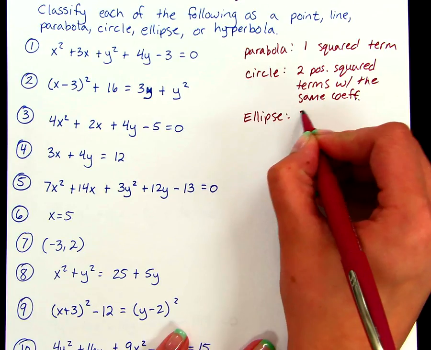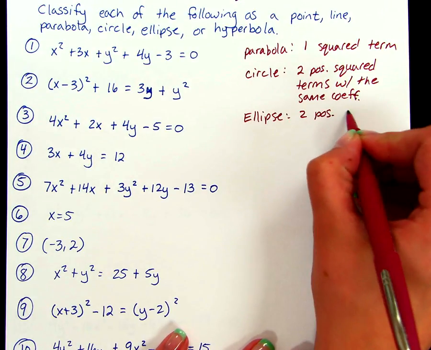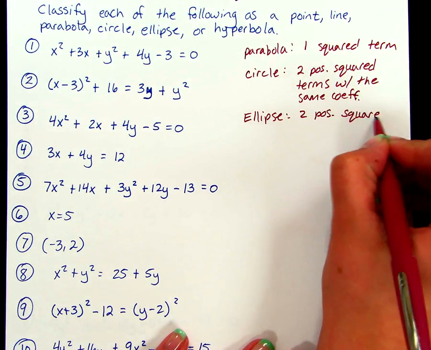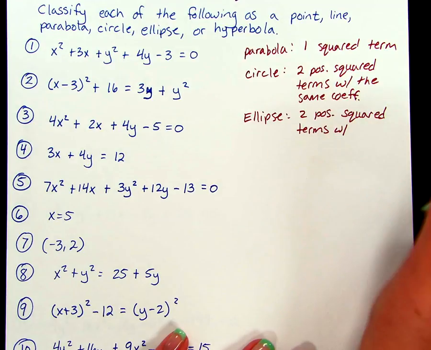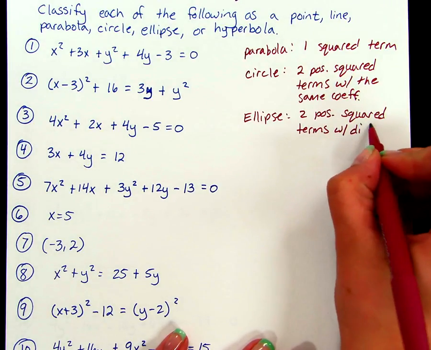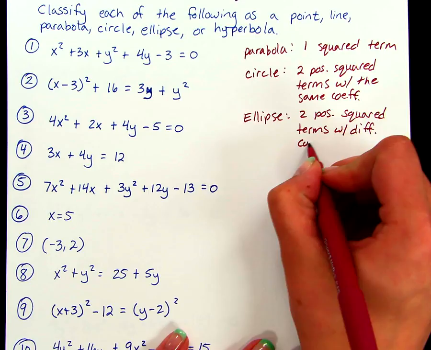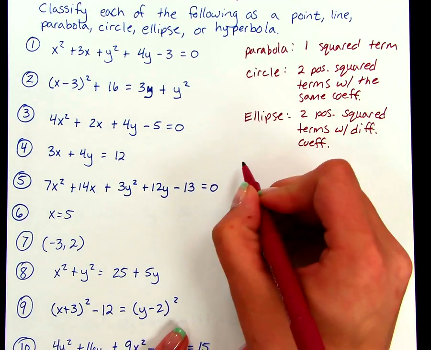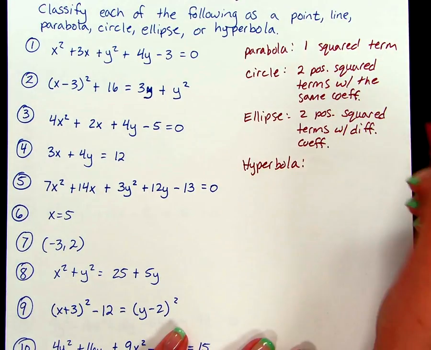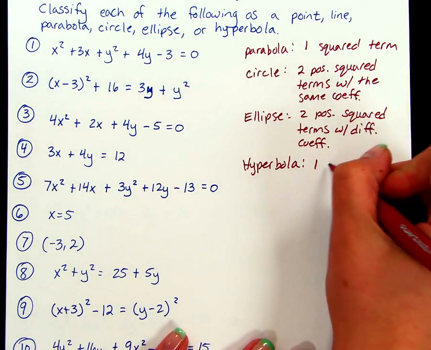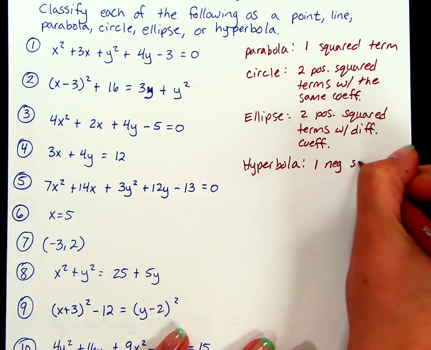We're going to have two positive square terms with different coefficients. And then for the hyperbola, we will have one negative square term.